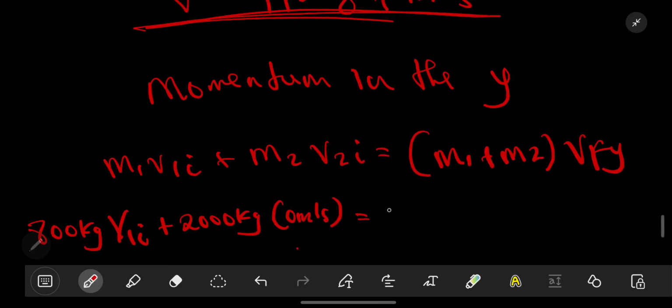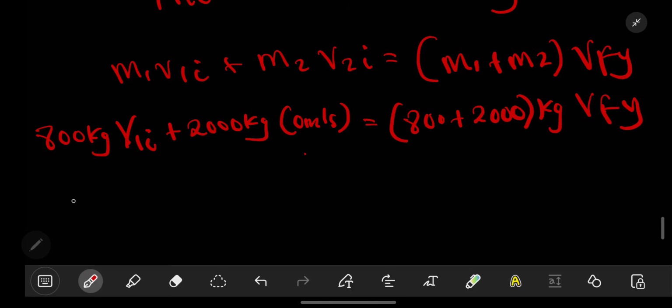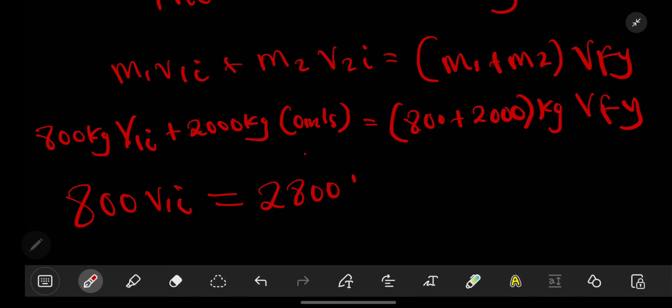So we are going to have 800 v1 initial plus 2000 times 0, which is 0. So this should be equal to 800 plus 2000, which is 2800 kg, times v final y, like that.